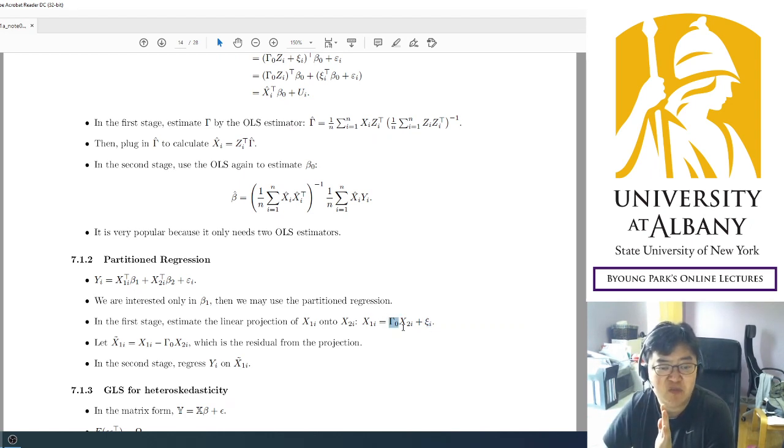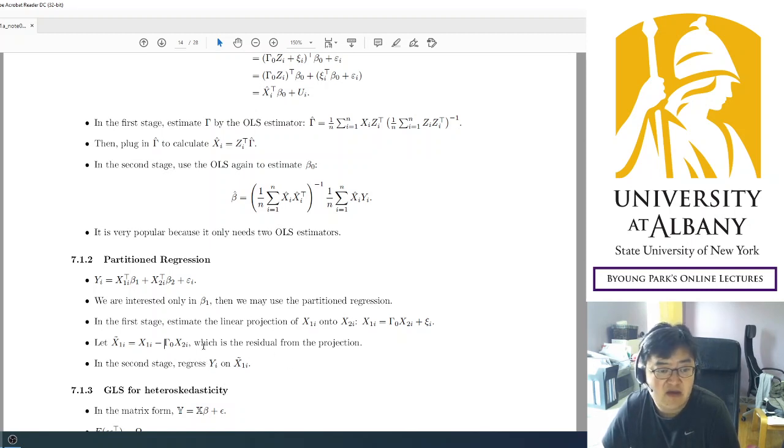So we remove this part and just take psi, the residual from this first stage regression. Remember, x1 minus gamma x2 is psi. In the second stage, regress the outcome, the left-hand side variable, on psi.